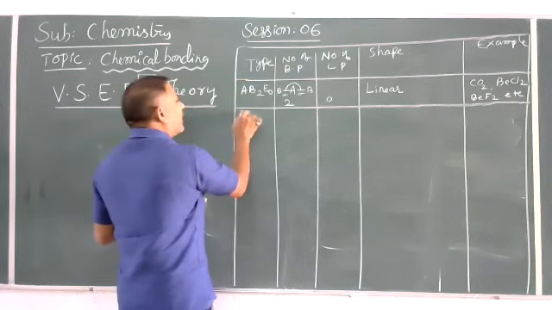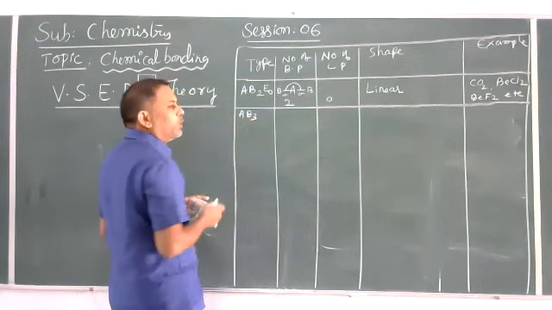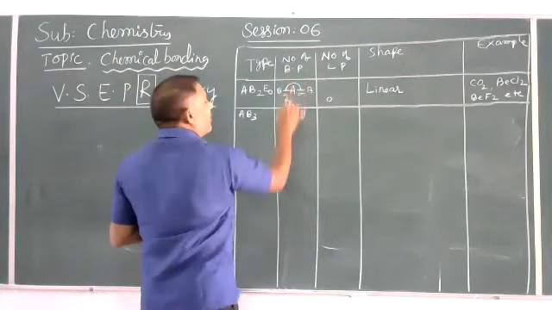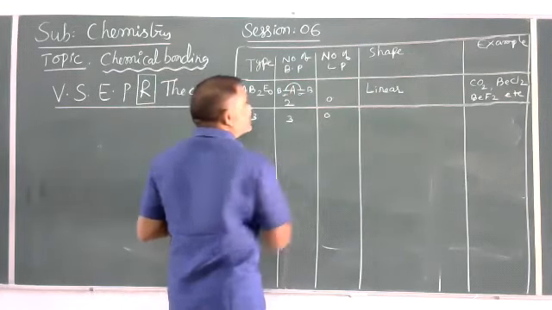Next, the AB3 model without any lone pairs. The number of bond pairs is 3, lone pairs 0.